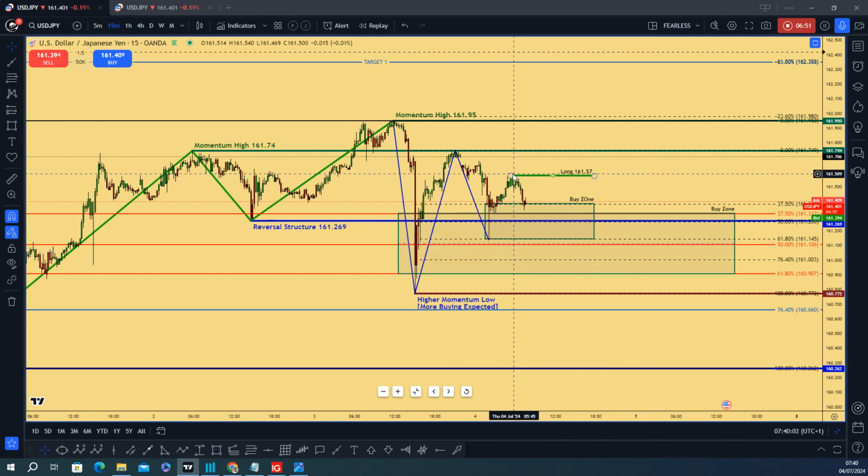So if price starts to break above here, the pullback has been satisfied. We can see the pattern coming out, and a break above 161.57 will be the best entry for a buy. If you entered there, your stop loss should come below this low, 161.14. What am I looking for?